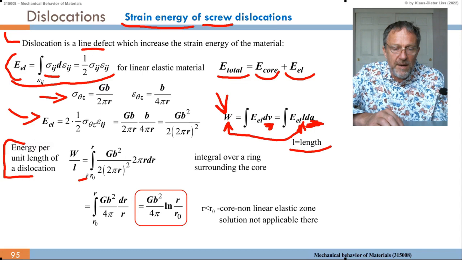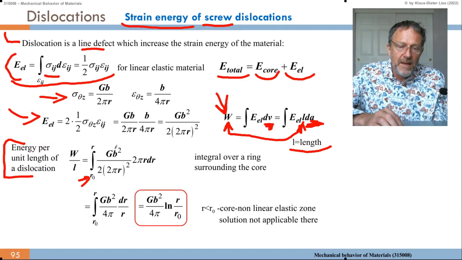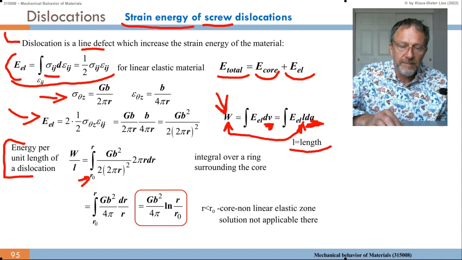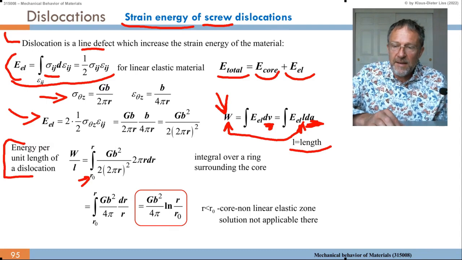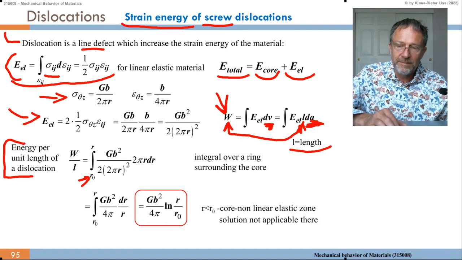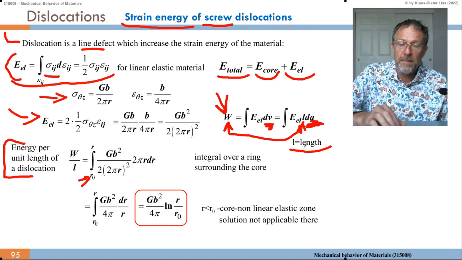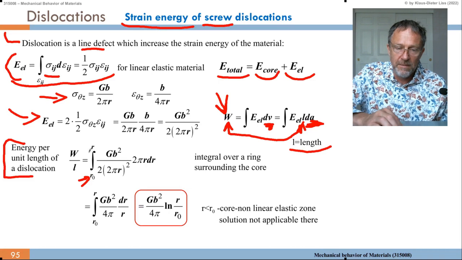So the integral from r0, this is the size of the core here, to the radius R. The R we're looking at, infinity, maybe not. This is where we don't feel the dislocation anymore, we will see.